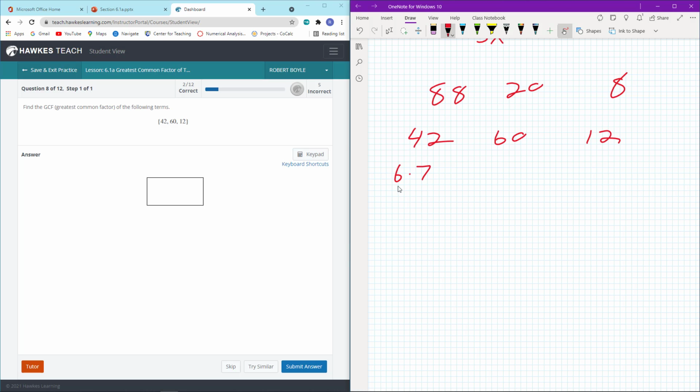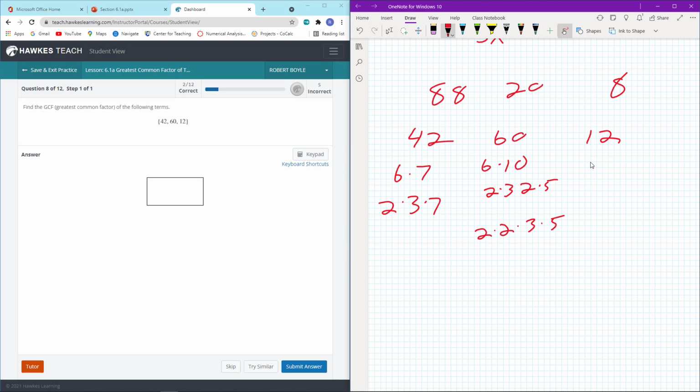We can factor the 6 into 2 times 3. So we have 2 times 3 times 7. 60 we can factor into 6 times 10. 6 we can factor into 2 times 3, and the 10 we can factor into 2 times 5. That will give us 2 times 2 times 3 times 5.